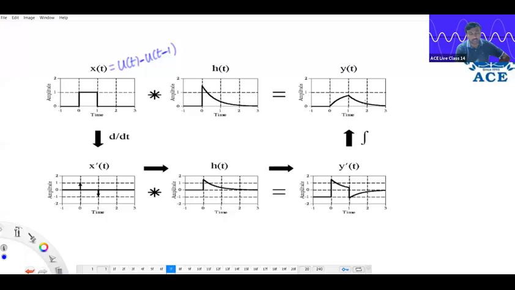That is one technique. Rather than that, differentiate the signal. It is creating delta(t) minus delta(t minus 1). Then you convolve with decaying exponential. This is y dash t. Even if you integrate it after differentiating, output is obtained directly.